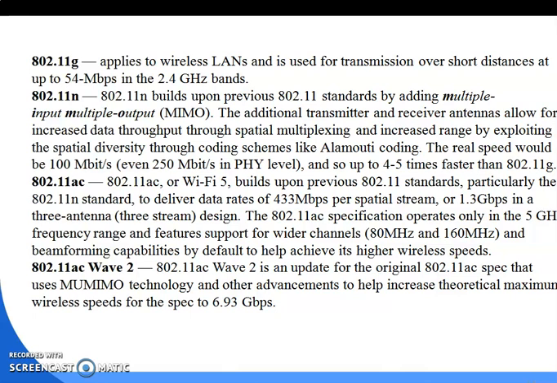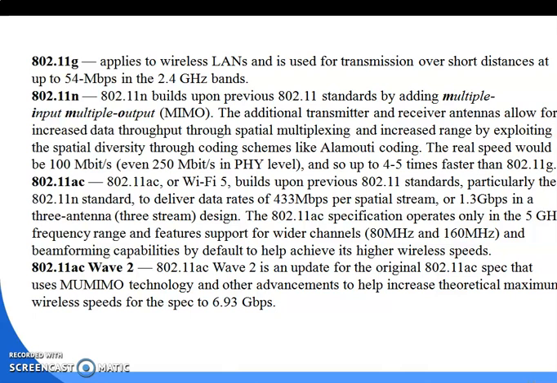Today, I am going to discuss other standards. 802.11g applies to wireless LANs and is used for transmission over short distances at up to 54 Mbps in the 2.4 GHz band. 802.11n builds upon previous 802.11 standards by adding multiple input, multiple output, MIMO.